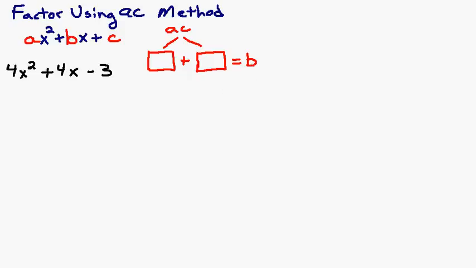So let's do this first part with my first example. First thing we want to do is take A times C. In this example, that would be 4 times negative 3, which is negative 12.